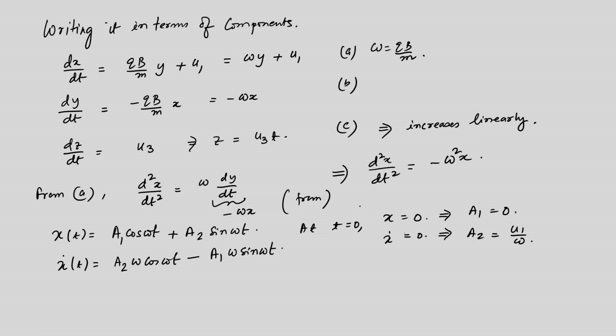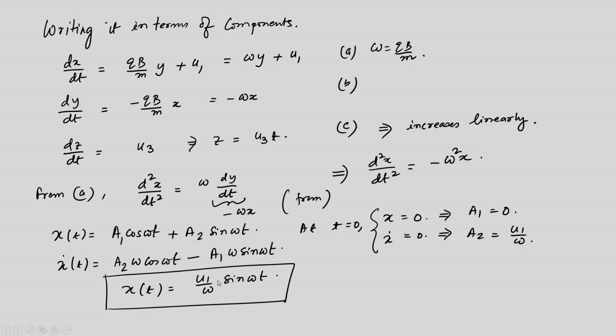So, if I collate both these things, I get x of t equal to u1 over omega sine omega t. This is the particular solution where everything is known.